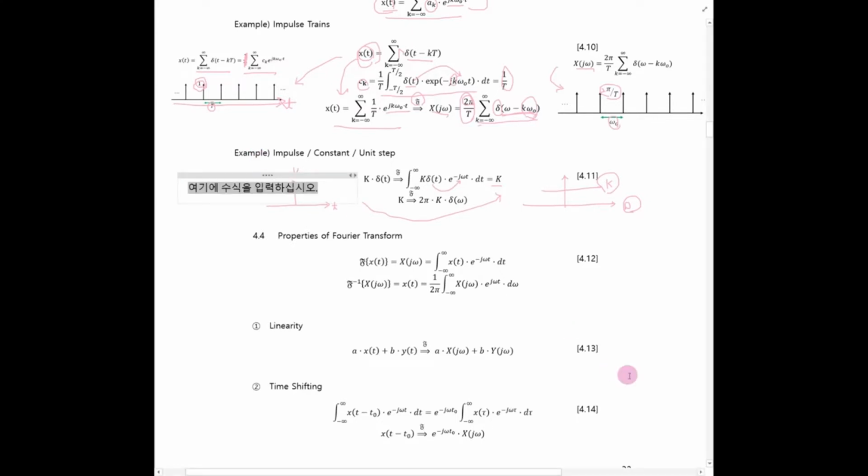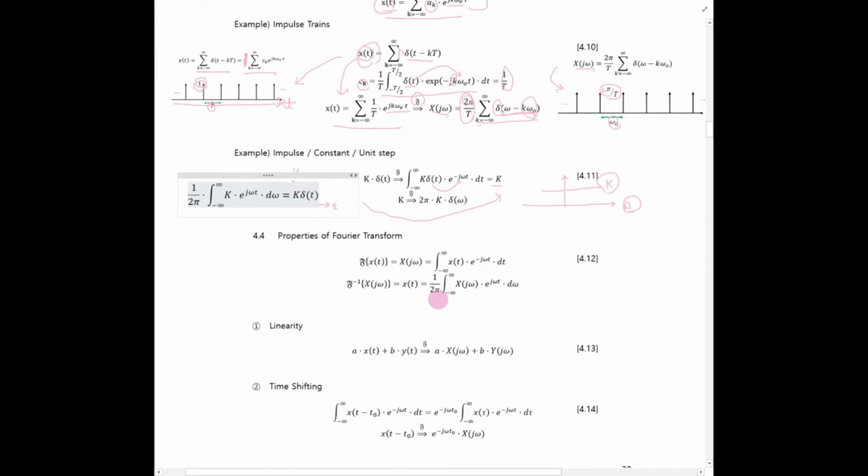The inverse Fourier transform can be taken like this: 1 over 2 pi times the integration from minus infinity to infinity of a constant k, with the inverse Fourier transform defined in this way. It should be this impulse, k times delta of t.